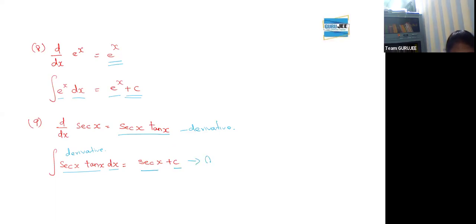Here sec x we call the antiderivative. As far as possible, write the formulas again and again, because then you can memorize without confusion. d by dx of secant x is equal to sec x tan x. Again, if you integrate sec x tan x dx, you will get sec x plus c as output.